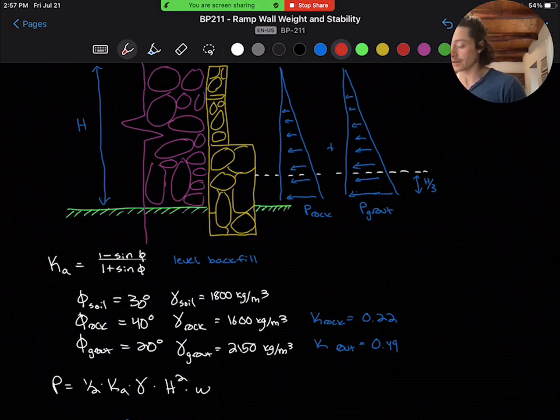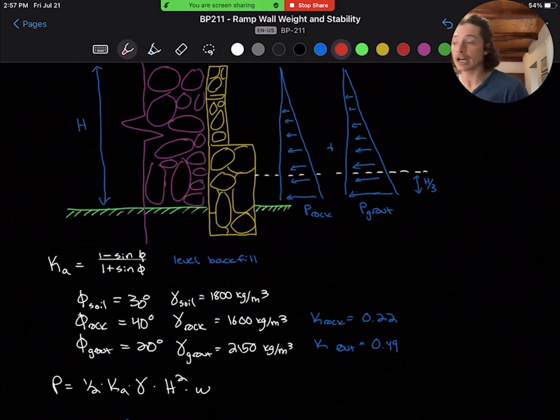Given those phi values and those gamma values, this leaves us with the following Ka values. And you remember these density values come from the previous lecture on abutment fill density. So we have a Ka for the rock of 0.22 and a Ka for the grout of 0.49.